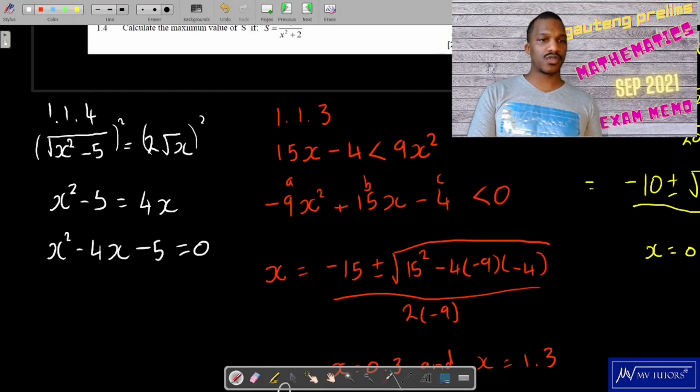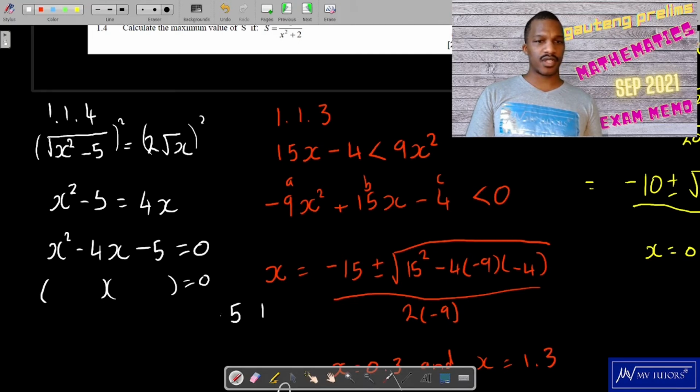Then all I have to do is factorize this. I could factorize it, I could solve using the quadratic equation, or I could use the method of opening two brackets. Now I'm looking for factors of 5, so I'm going to go with 5 and 1, and I want 5 and 1 to give me negative 4 when I add them.